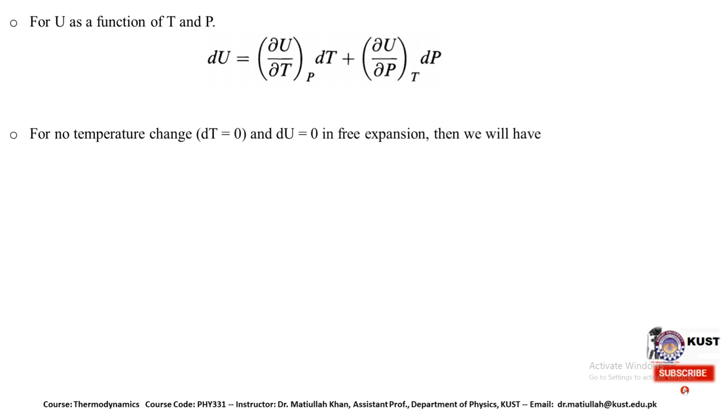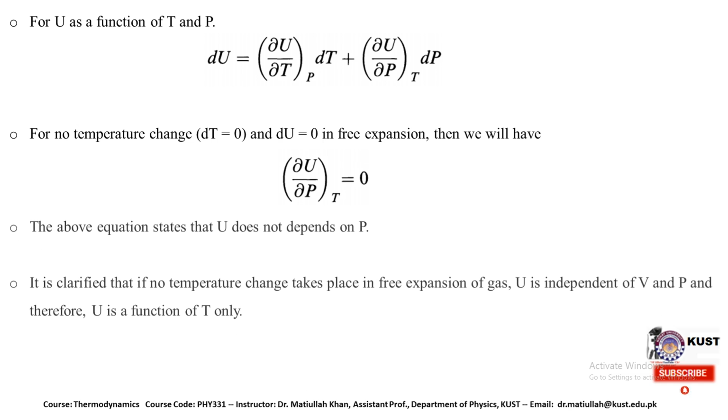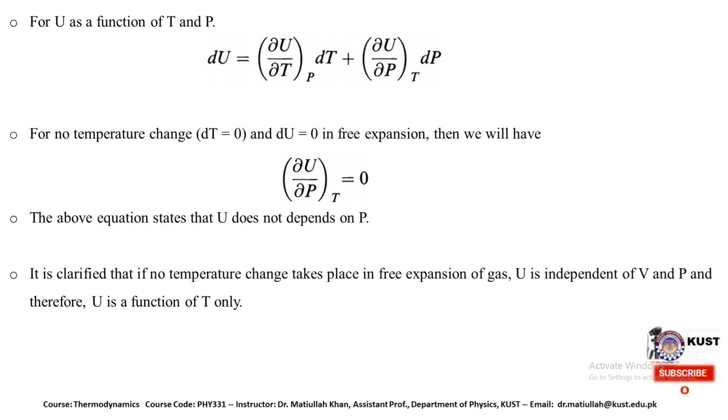In that it is assumed that the temperature change is equal to 0 and the change in internal energy is also equal to 0. Putting the same values in the equation, we get the change in internal energy with respect to pressure at constant temperature is equal to 0. So this equation states that U does not depend on P.